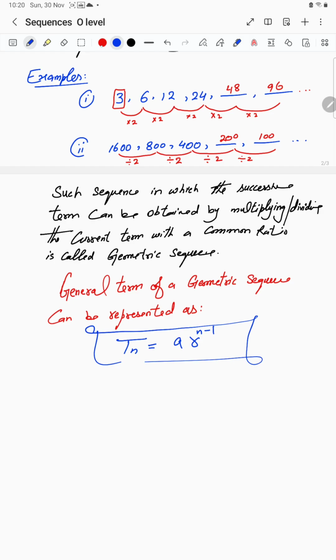See here, this is the position of the term, this is the first term as even in the arithmetic progression. Here r is the common ratio, and n is the number of the term.